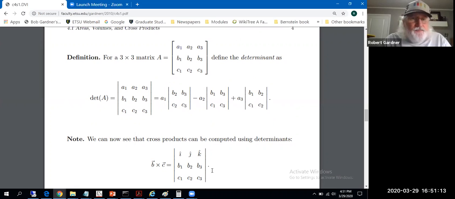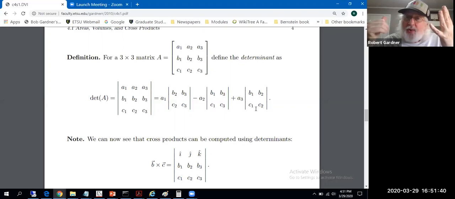One more time. The determinant of a 3 by 3 matrix involves 3 determinants of 2 by 2 matrices. When we define it, the determinant of a 4 by 4 matrix will involve 4 determinants of 3 by 3 matrices, each of which involves 3 determinants of 2 by 2 matrices.